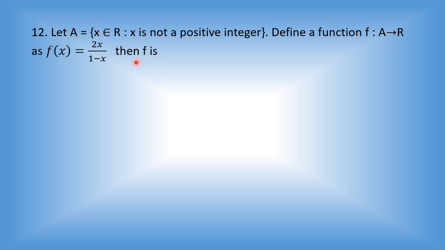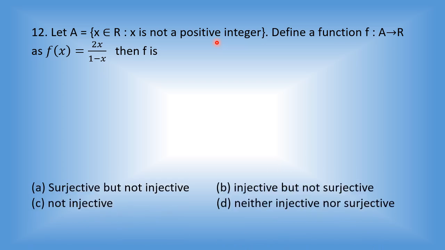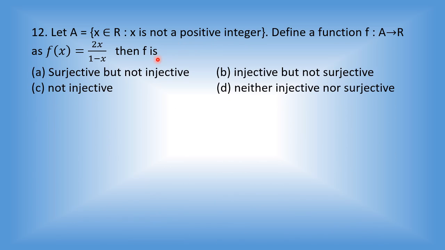Then f is, where x is not a positive integer means x may be a negative integer or 0. We have to check whether f is surjective but not injective, injective but not surjective, both, or neither injective nor surjective.